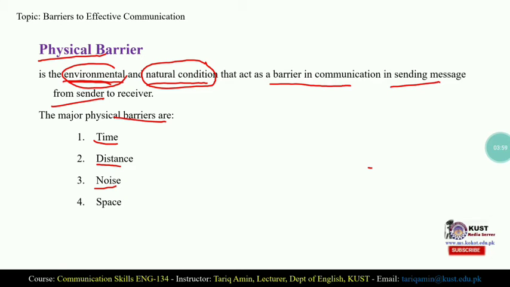So these are the different physical barriers. These are the environmental barriers, or natural conditions that affect, impede, and influence our communication process, and that create difficulties for us in sending and receiving messages.